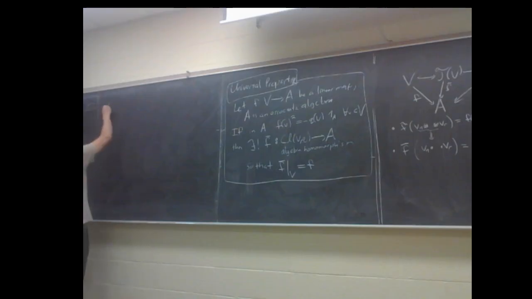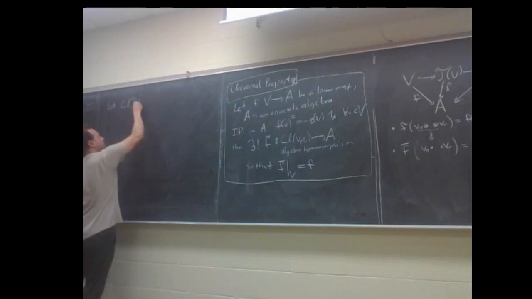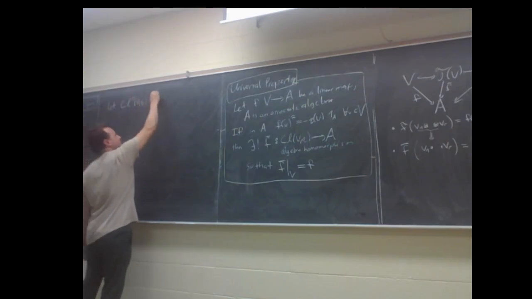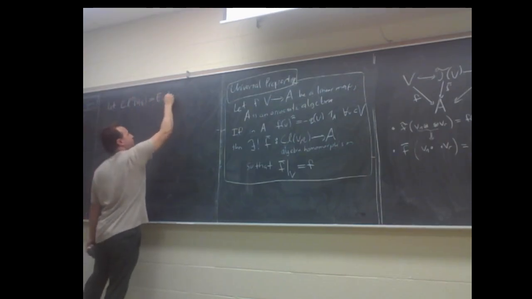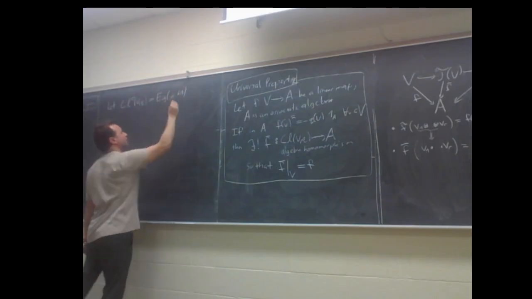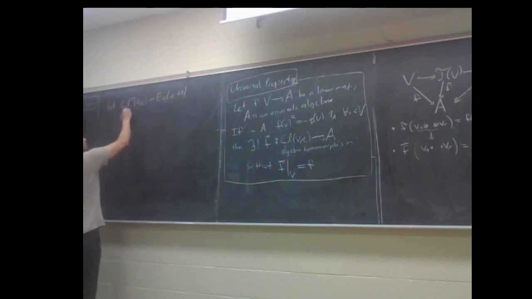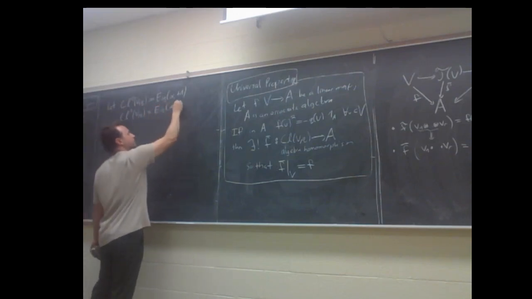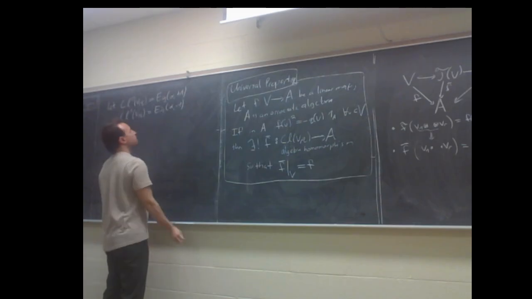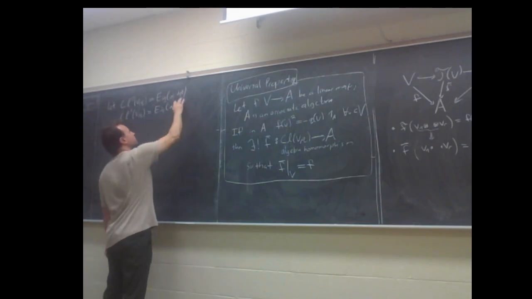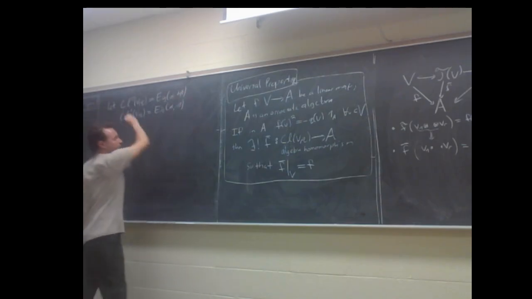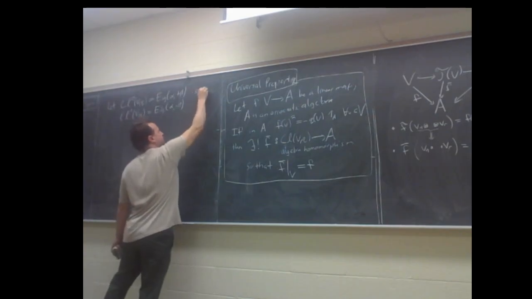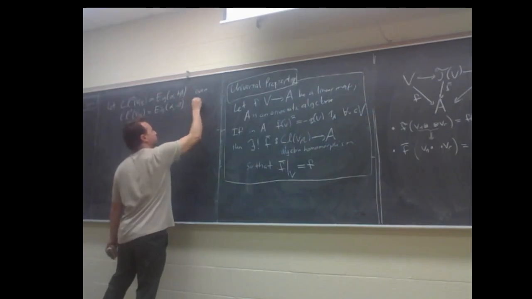So we can let CL0 VQ be the eigenspace for alpha with eigenvalue plus 1, and CL1 VQ the eigenspace for alpha with eigenvalue minus 1. And so we call these elements even, and we call these elements odd.